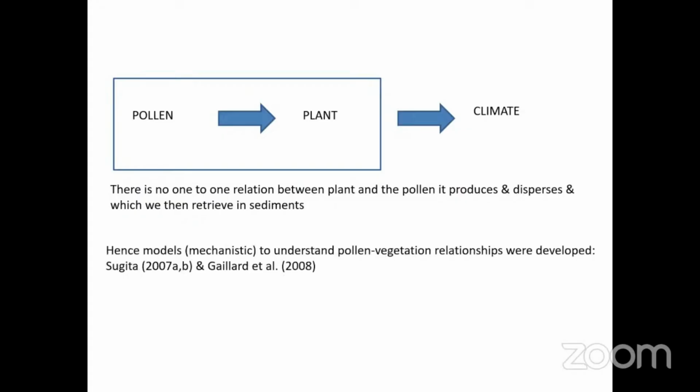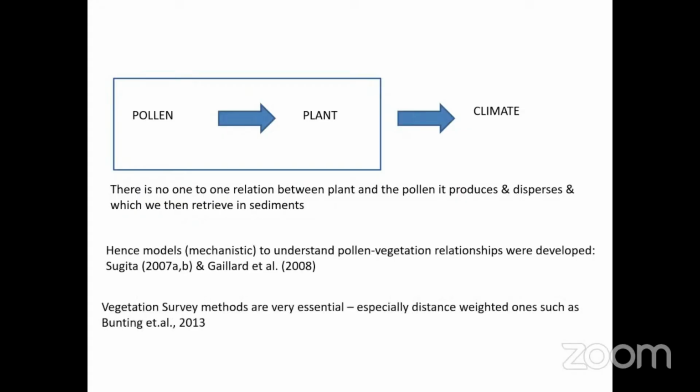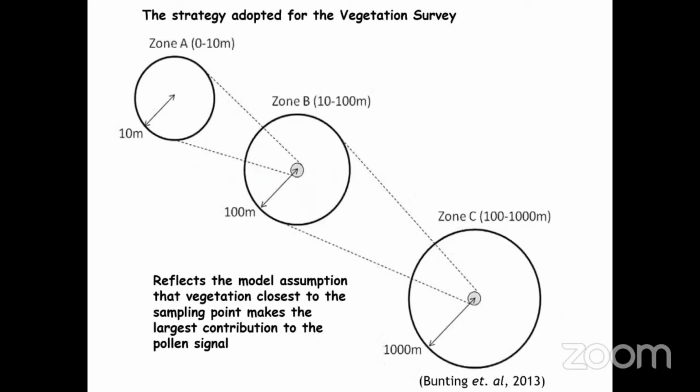So we need mechanistic models to understand pollen vegetation relationships, and these have been developed in Europe and very well applied all over Europe and in some parts of North America and Canada, and also recently in Africa. And of course, my PhD student Navya did this work in Southeast India.